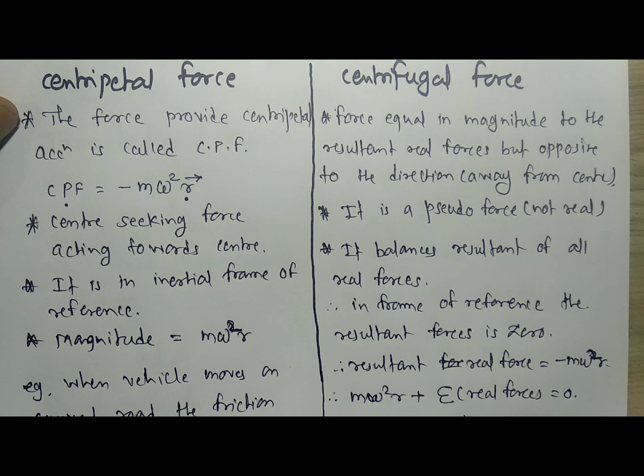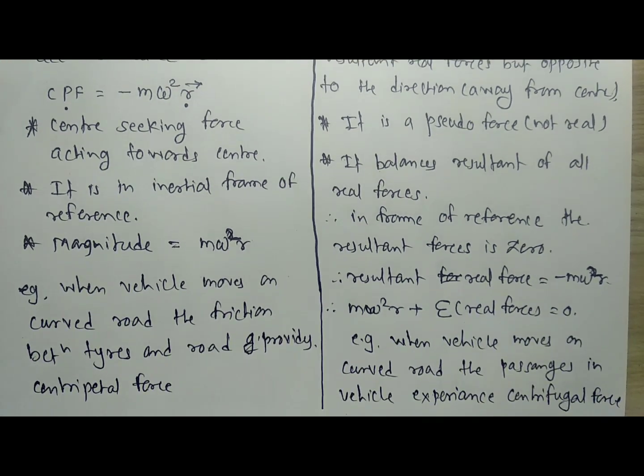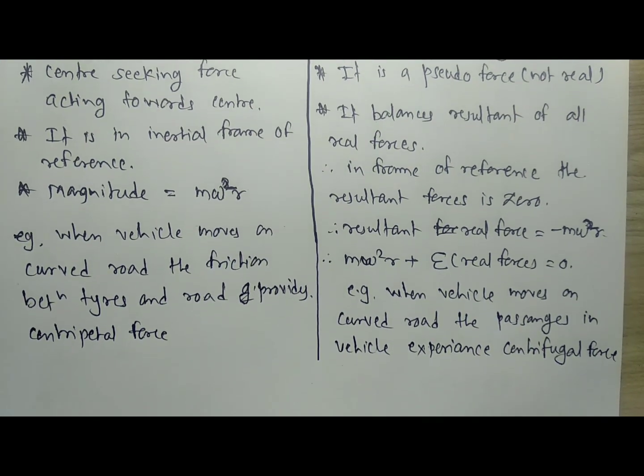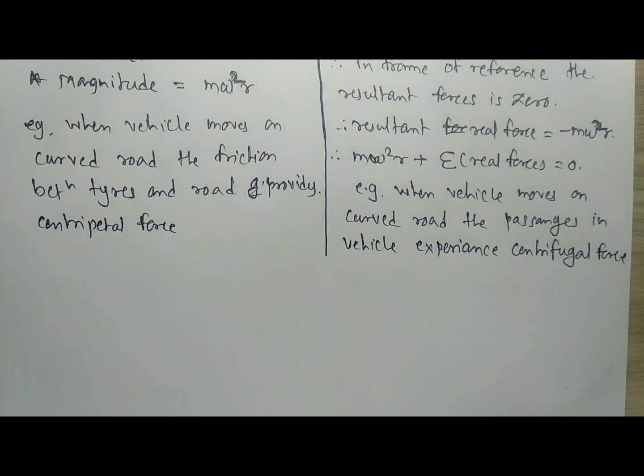It balances the resultant of all real forces. That means in that frame of reference the resultant force is 0, and therefore the resultant real force is equal to minus m omega square r, which is nothing but the centrifugal force, and therefore m omega square r plus the summation of all real forces is equal to 0.